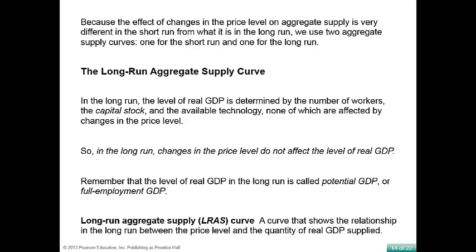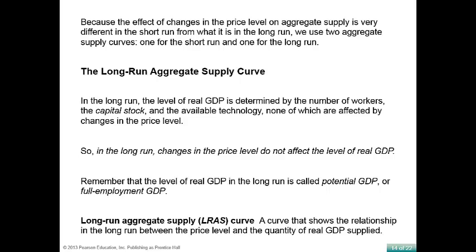As profit does not increase, the incentive to produce more disappears. So in the long run, firms will produce the same amount of goods and services at every point on the price axis, which means that the long-run aggregate supply curve is a vertical line.